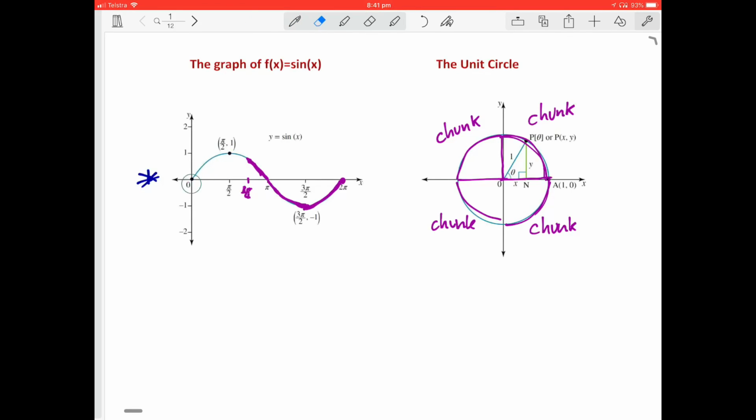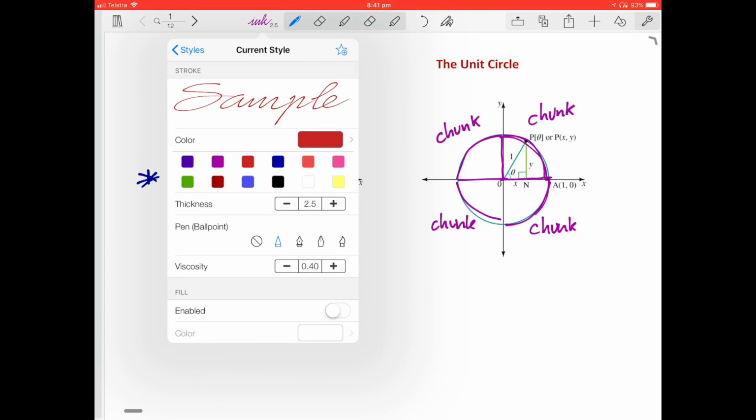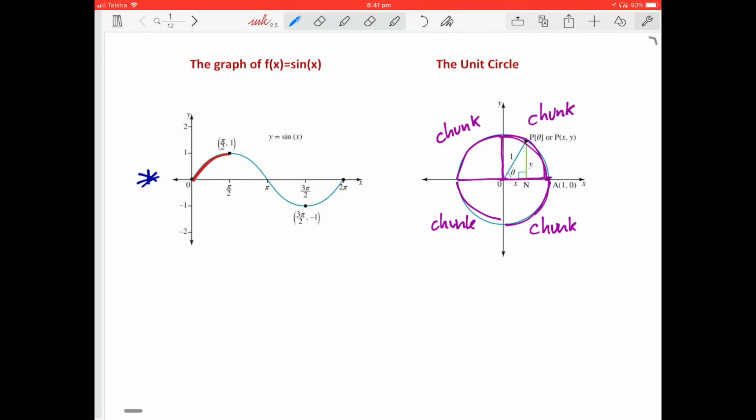So whenever we go to graph a sine or cos graph, this first section corresponds to this chunk. This second section corresponds to that chunk.